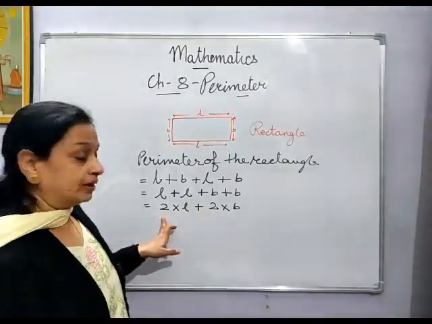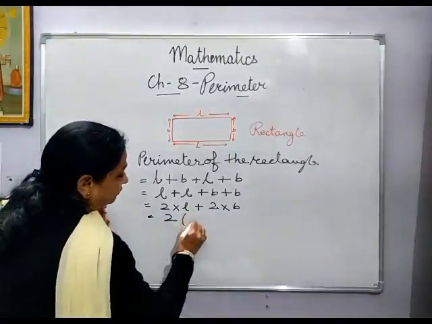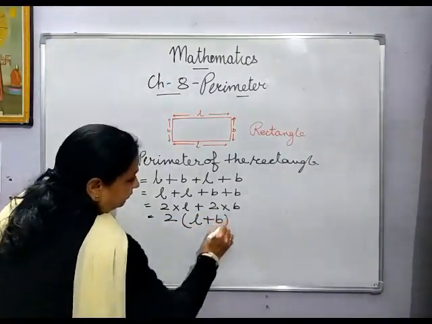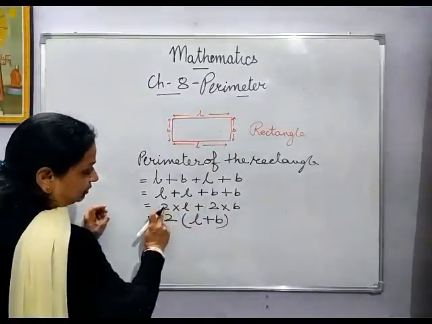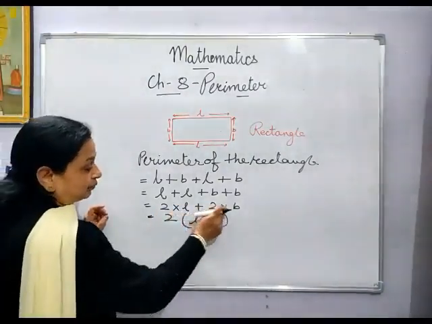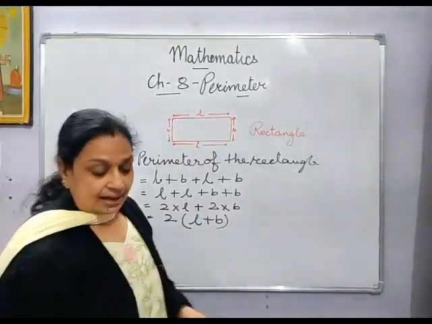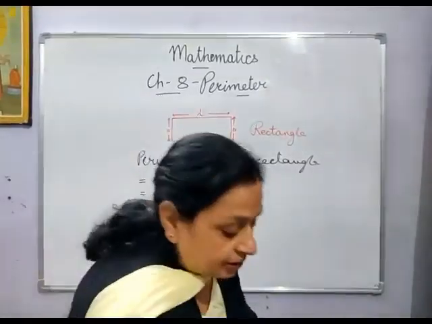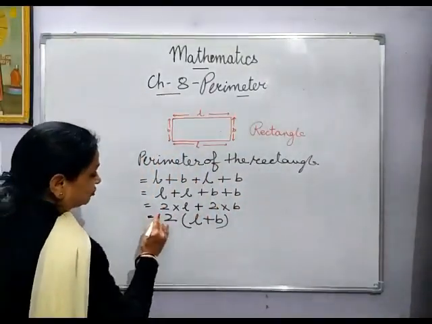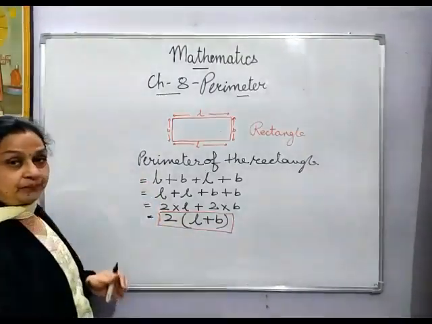Since there are two over here, we will take this 2 out, because it is common to both. So we have taken this out and put down the formula. This is the formula for calculating the perimeter of a rectangle, and children, you have to learn these formulas.